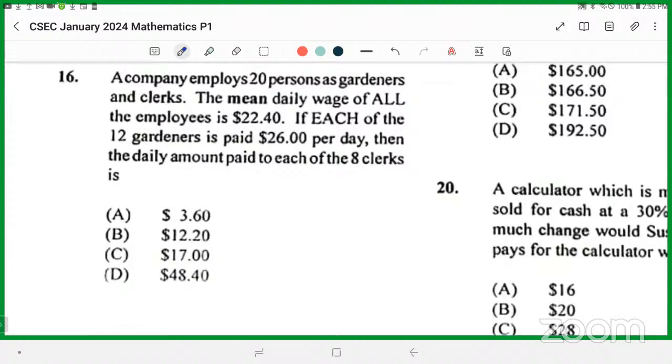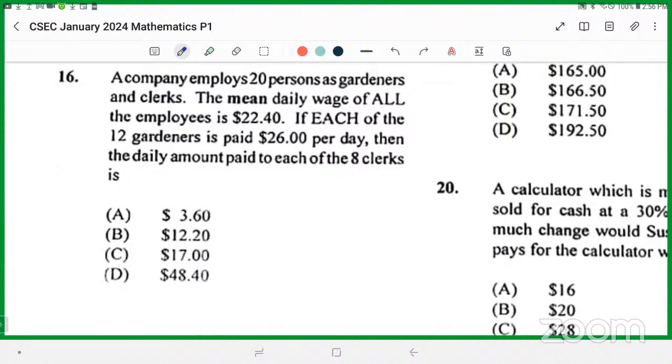This question says, a company has 20 persons as gardeners and clerks. It says the mean daily wage of all the employees is this. This is the mean of the employees. What is the mean? The mean is when they sum up the wages of everybody and divide it by 20. They're telling you that the mean is this amount.